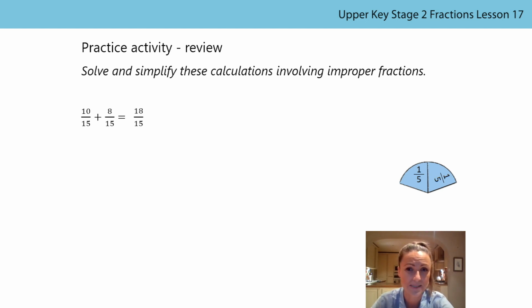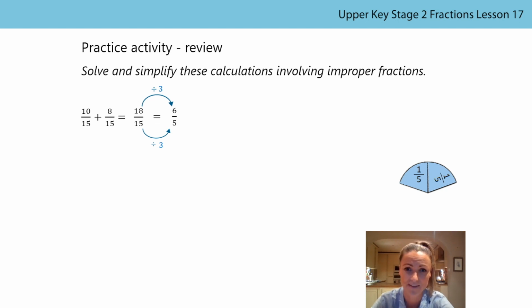Now, using my times tables knowledge, I know that 18 and 15 are in the 3 times table, and therefore 3 is the highest common factor. I'm going to divide 18 and 15 by 3, and that is going to give me a simplified improper fraction of 6/5.